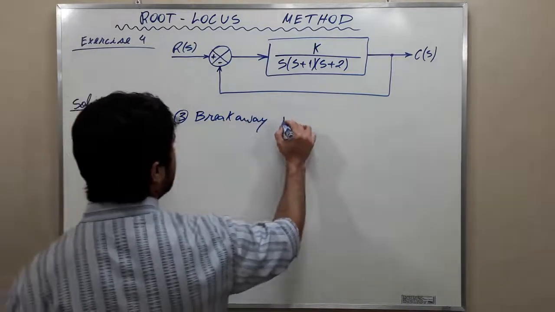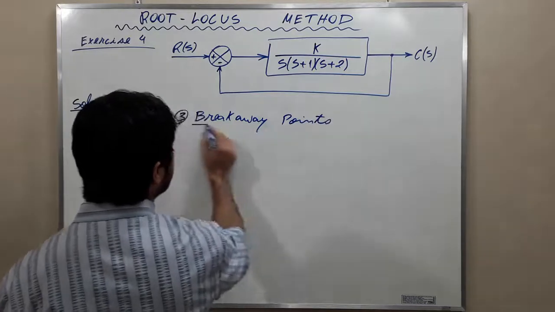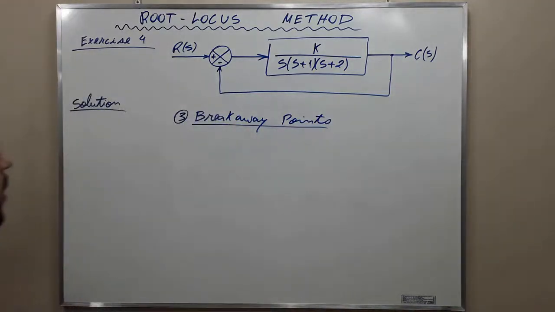The breakaway points. Let's determine the breakaway points. The breakaway point is where the root locus branches originating from the poles at 0 and -1 break away from the real axis and move to the complex plane as k is increased.